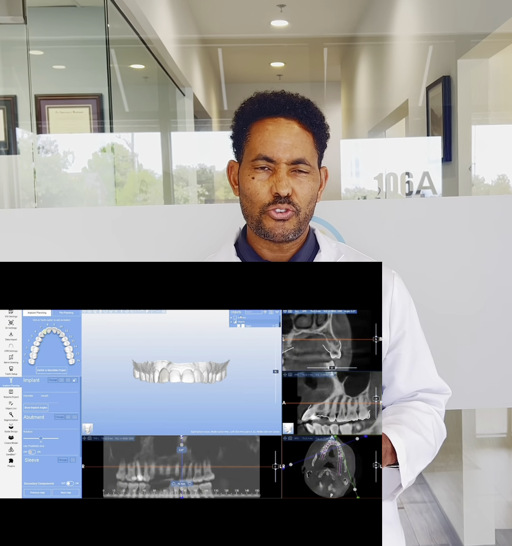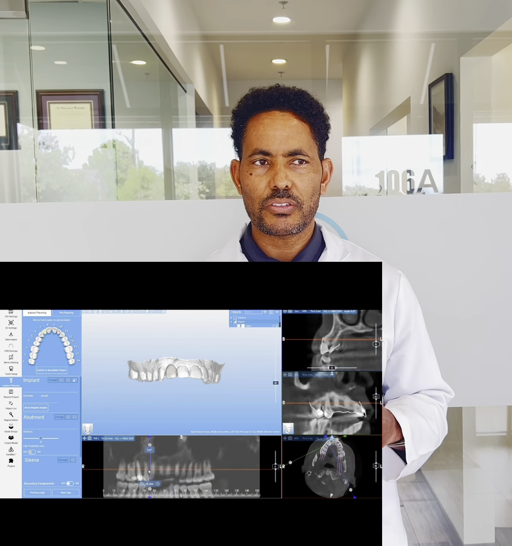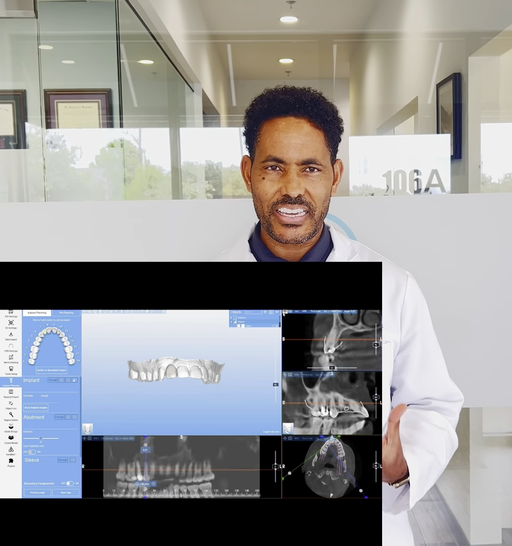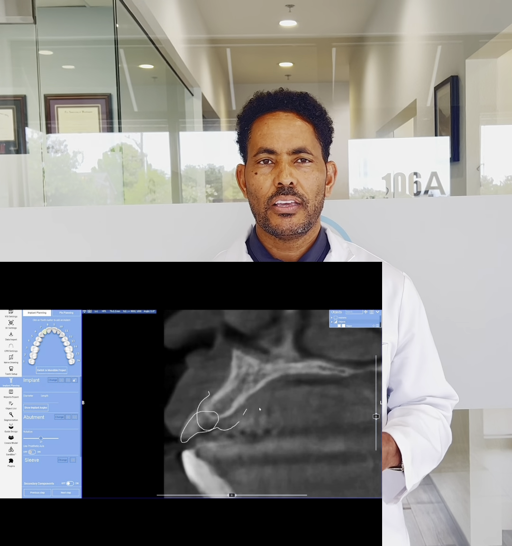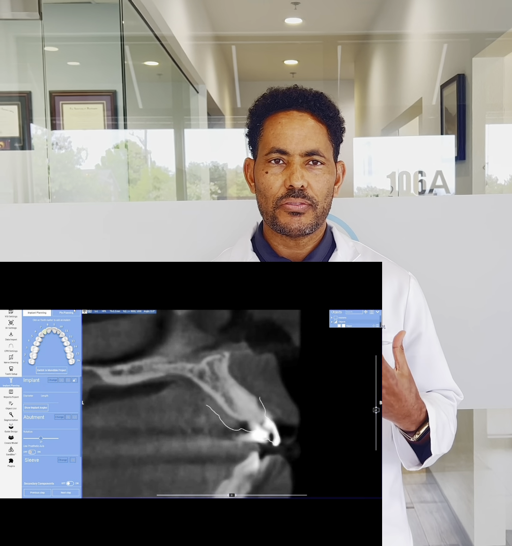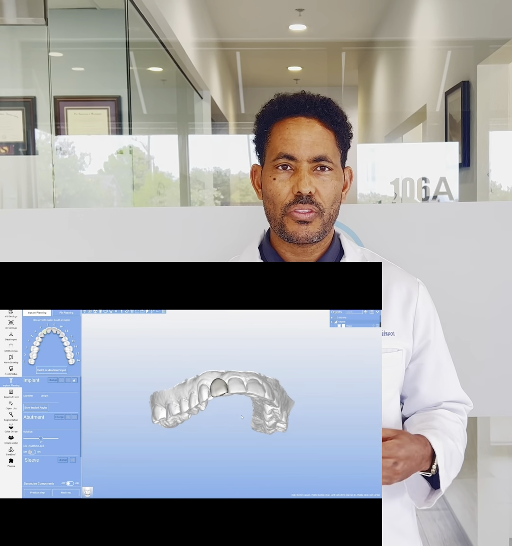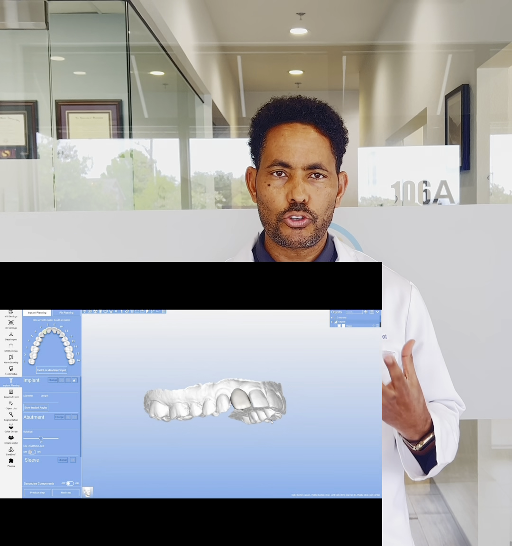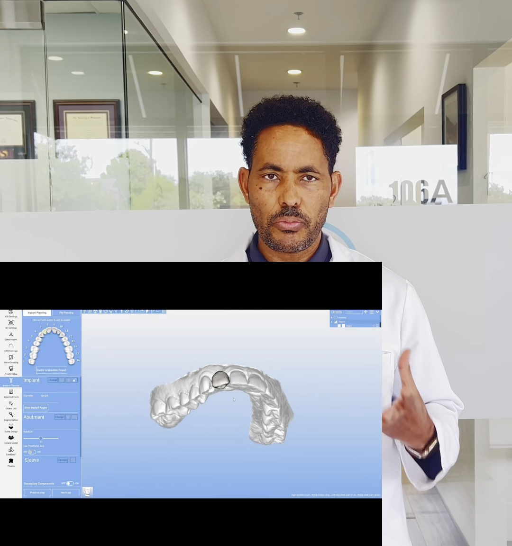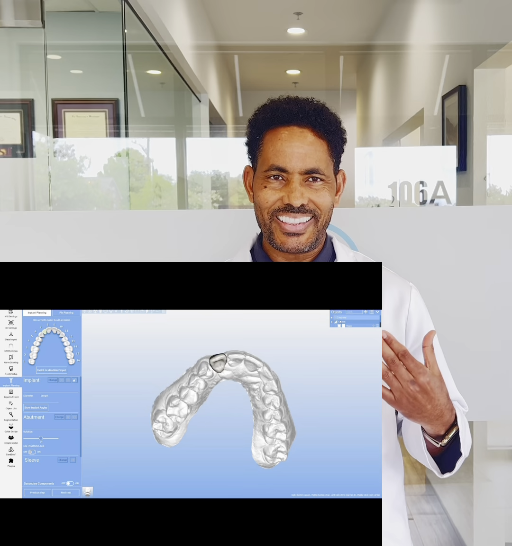After doing the CBCT, what I found is that there's not a whole lot of bone thickness, bone quality. Anytime you have a missing tooth, the chances of having good quality, thick bone for an implant is less.